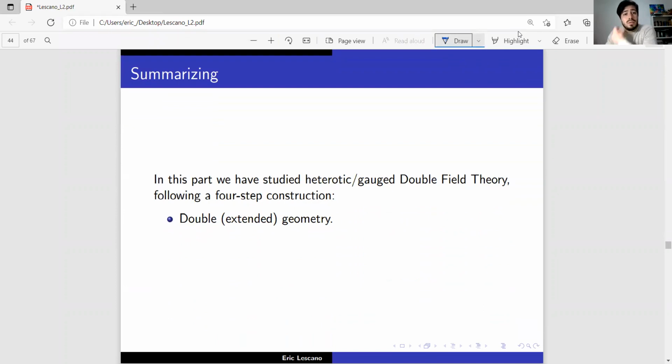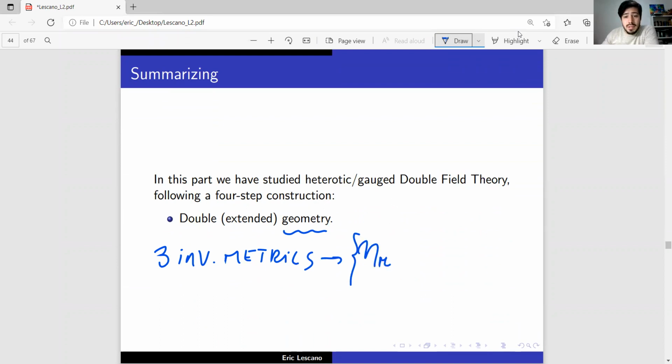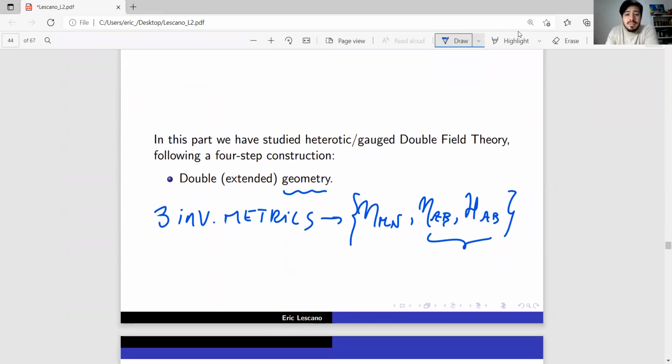In terms of our four-step construction, we start with the double geometry, and in this double geometry we have three invariant metrics: the group invariant metric and the double Lorentz invariant metric. Of course, with these metrics we can construct projectors. These are the main ideas for you to focus on.